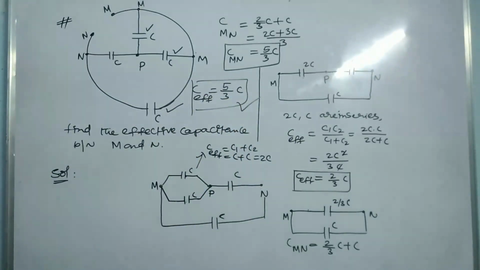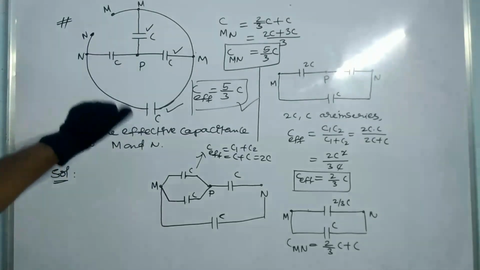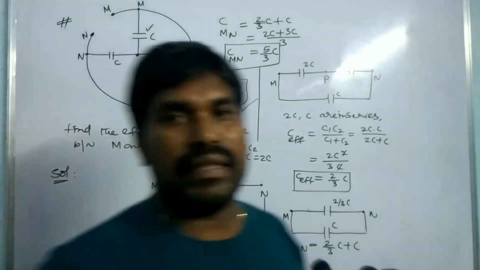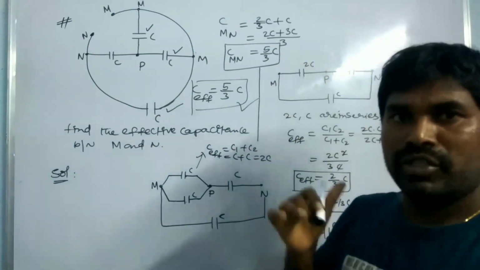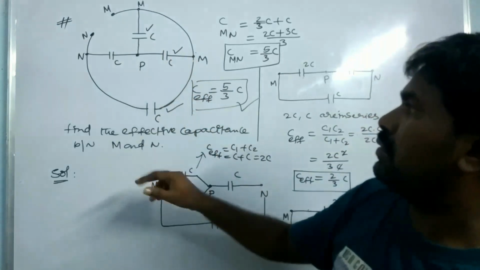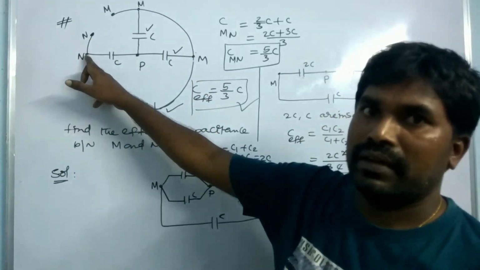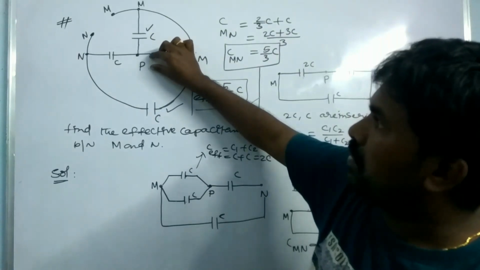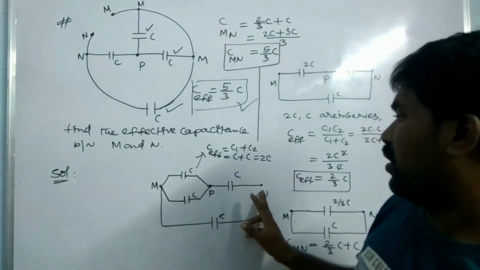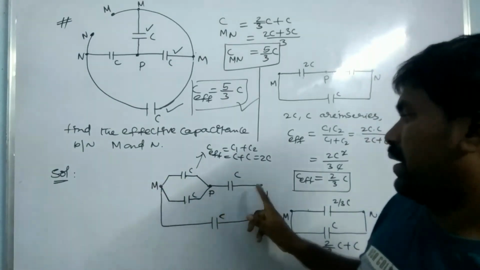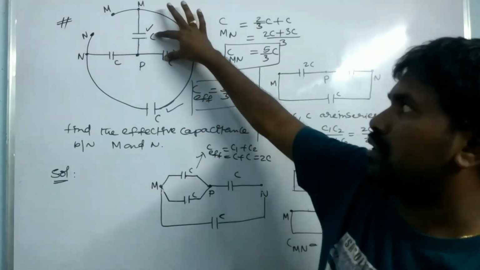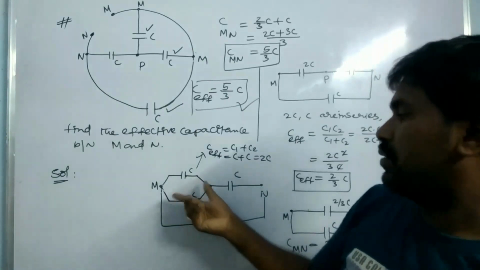Clear? Very simple method here. We have to choose the points where the potential is the same. That is the first thing you have to select. If there is an M point, there may be another M, and if it is N, there is another N. The center point, let it be P. So these are the 3 points we have to choose: M, P, N. Between M and P there are 2 capacitors, M to P and P to M. Clear?